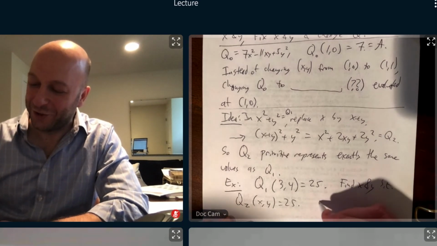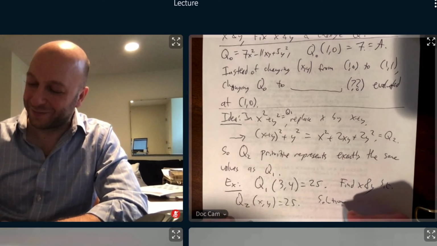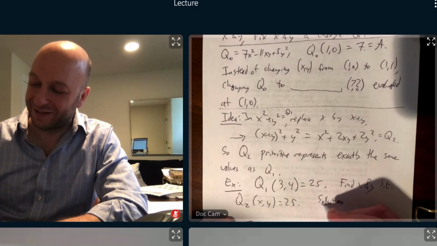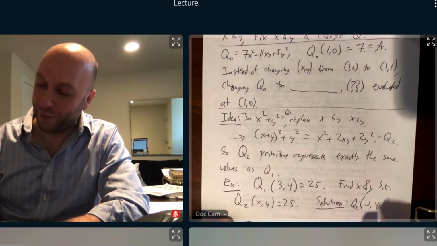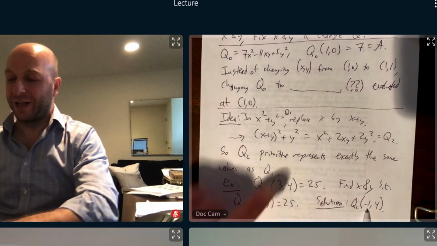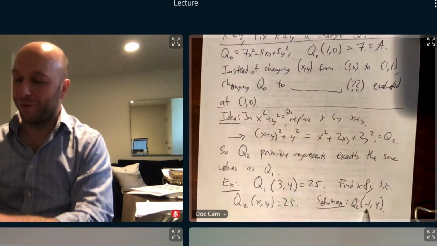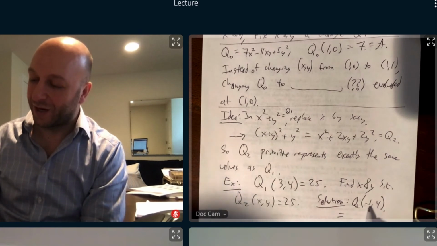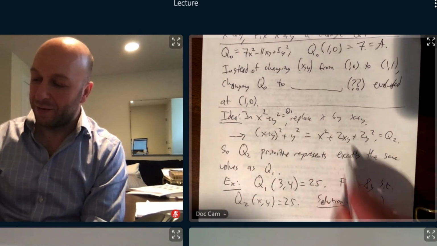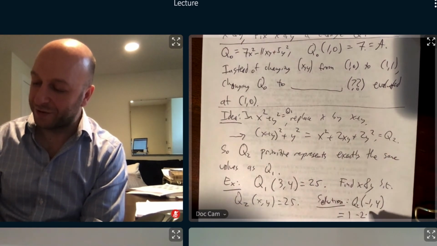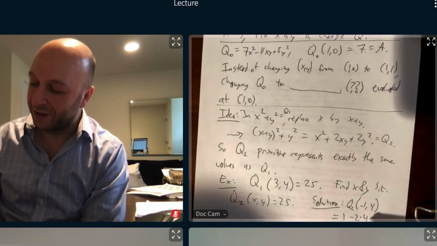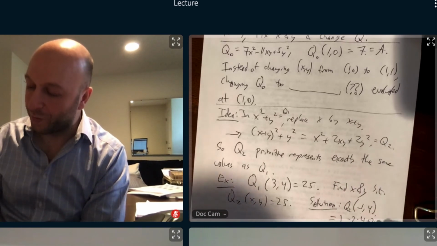So the solution is Q2 of -1 comma 4 works. Let's check that it does work. Q2 of -1 comma 4, that is -1 squared is 1, minus 2 because there's a -1 times 4, plus 2 times 4 squared.